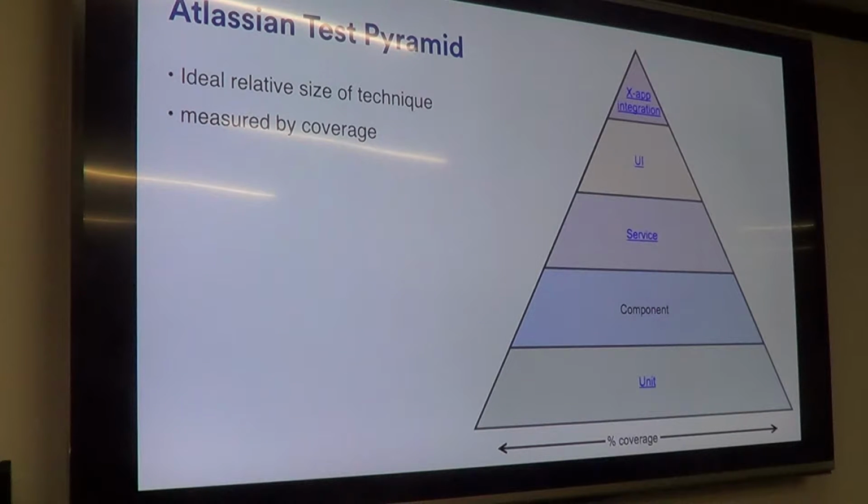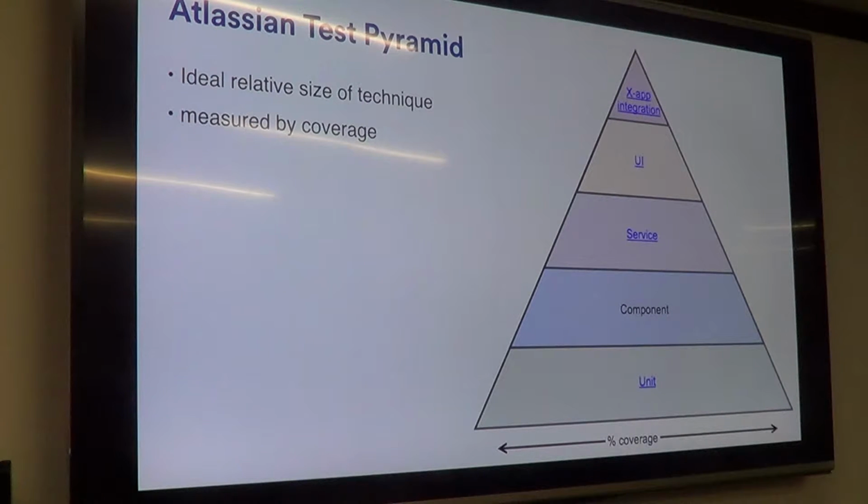If you're interested in testing, you may have read some blog posts. It's not a new concept. It's a generally accepted concept that the bigger the layer, the more it reflects the coverage and the amount of tests you should be writing of this type.